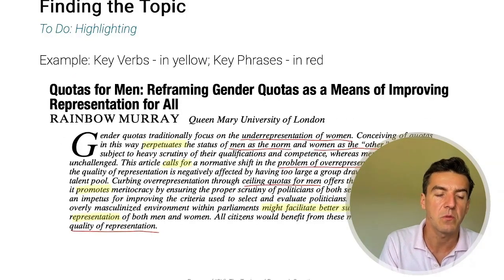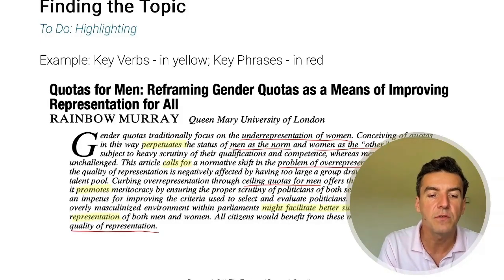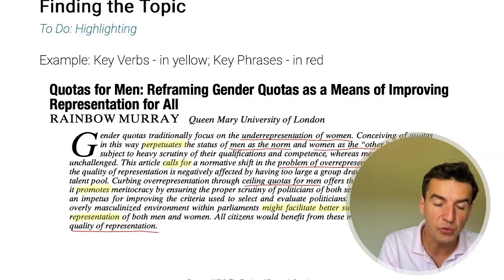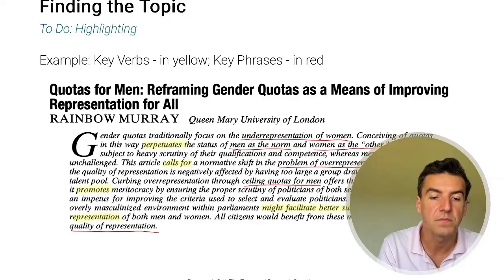This is, for example, an article, Quotas for Men. This is what I did for this exercise, right? Gender quotas traditionally focus on the underrepresentation of women. Conceiving of quotas in this way perpetuates the status of men as the norm and women as the other.